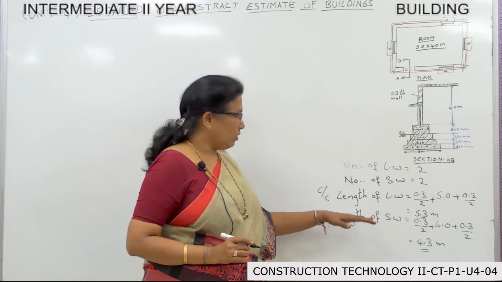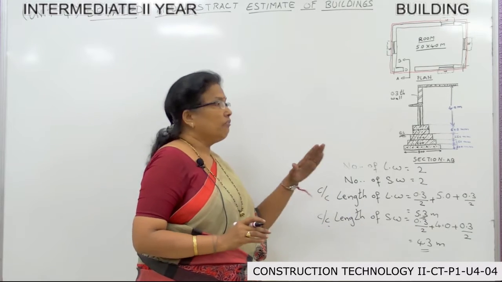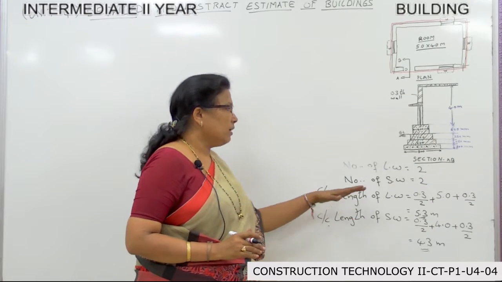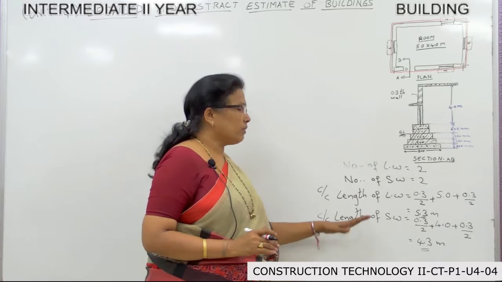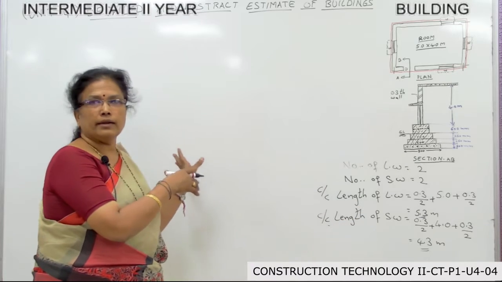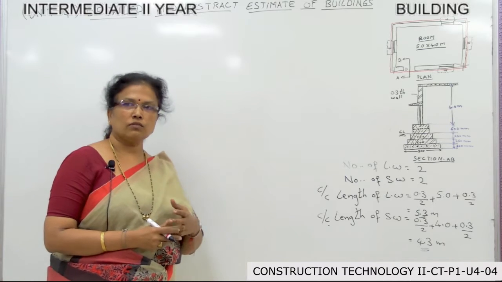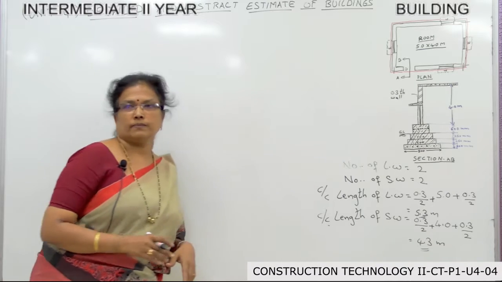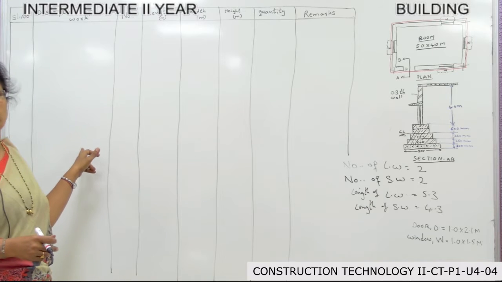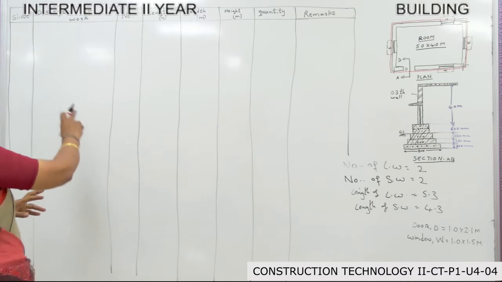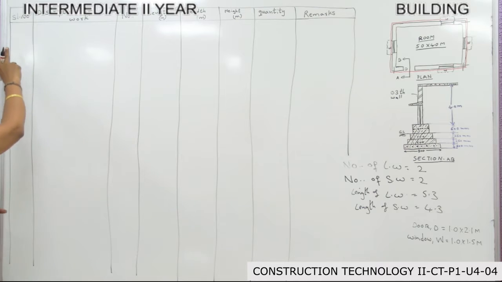So here we have calculated the length of the long wall and the length of the short wall. For any drawing, the first step is this. Then afterwards, you have to draw a detailed estimate form. Then you need to calculate the quantities of all the items. Now I have drawn a table, the detailed estimate form.